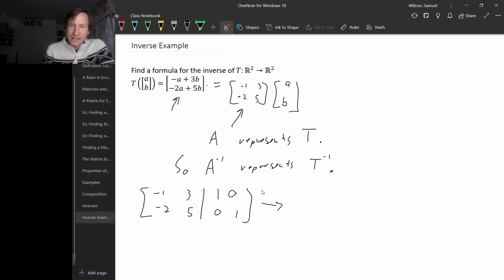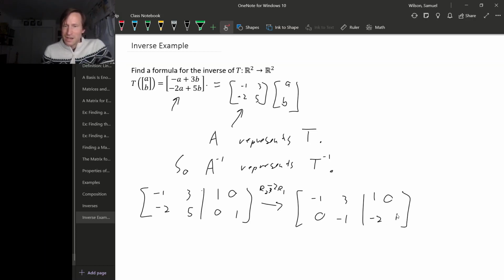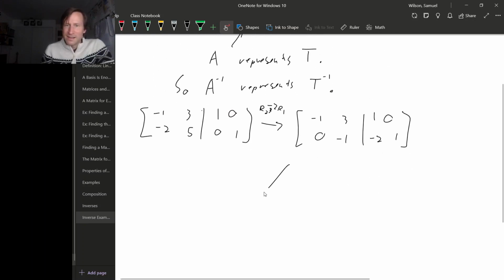So let's do row 2 minus 2 row 1. So -1, 3, 1, 0. And then 0, so I'm subtracting 2 times row 1, so it gives me a -1 here, -2 there. And now I can take row 1 and add 3 times row 2.